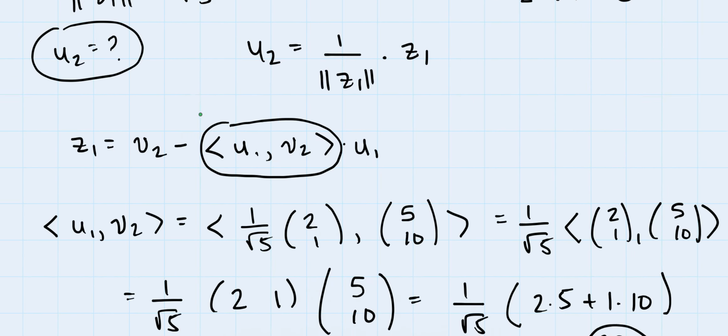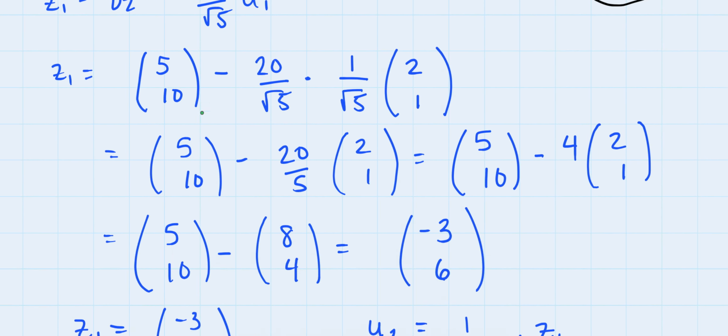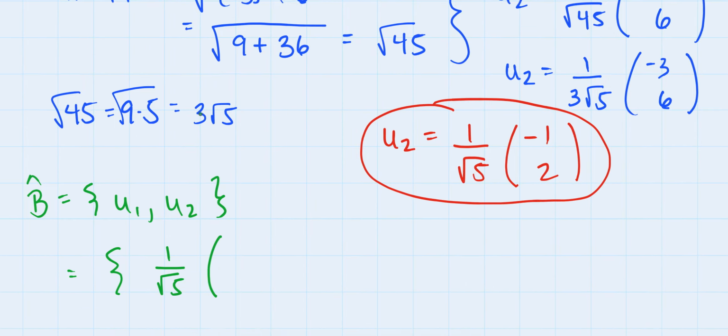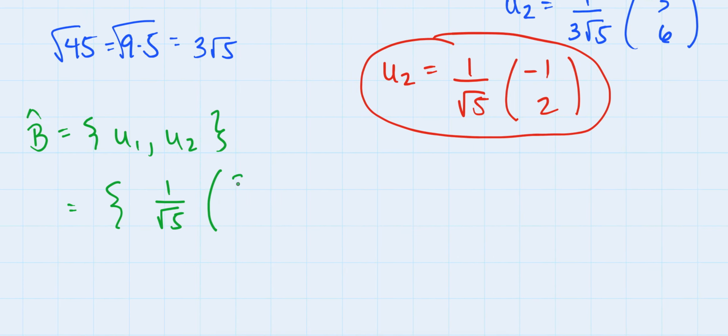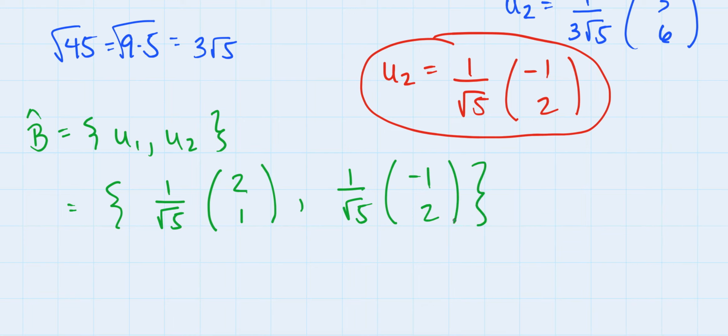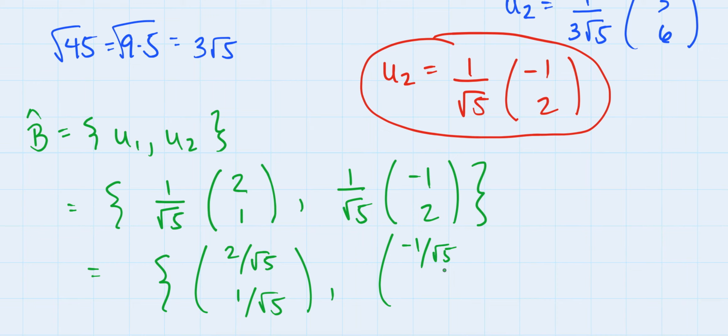Okay, move back down, sorry. And then U2 is 1 over root 5 times (-1, 2). And if you want, you can distribute this in. You can say that this is equal to (2 over root 5, 1 over root 5), comma, (-1 over root 5, 2 over root 5).